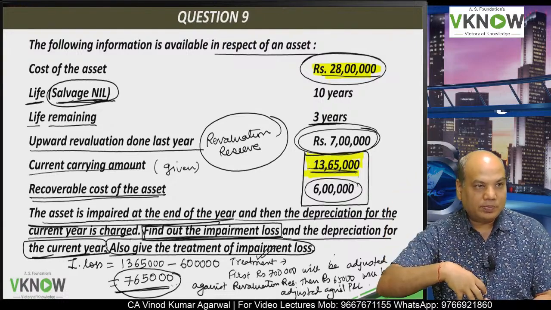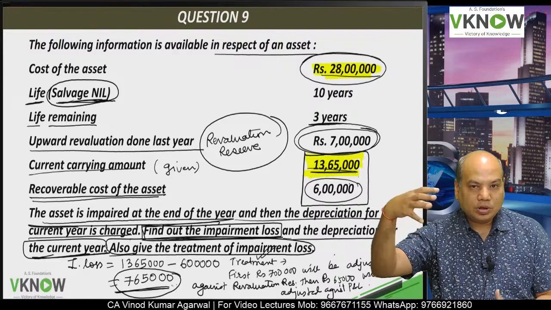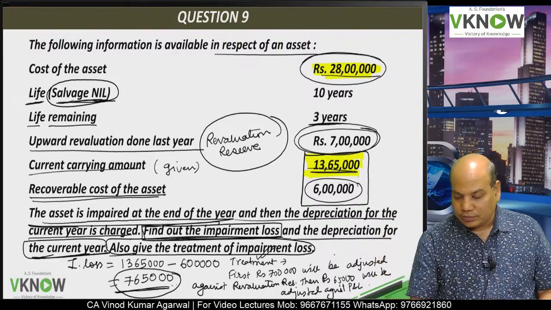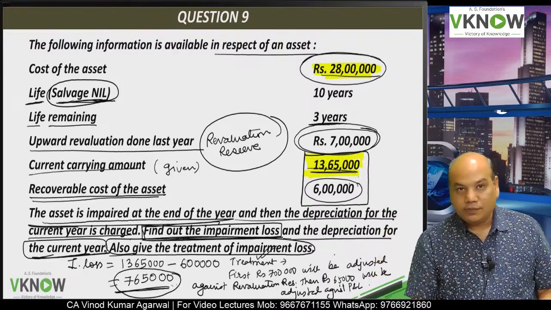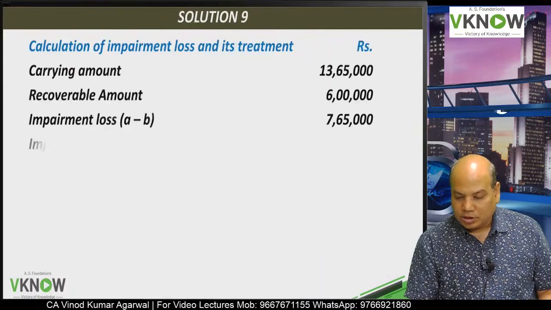Now the same asset is impaired. So first you debit revaluation reserve.